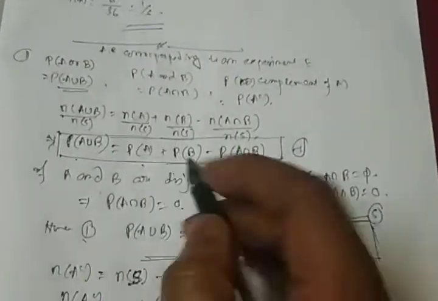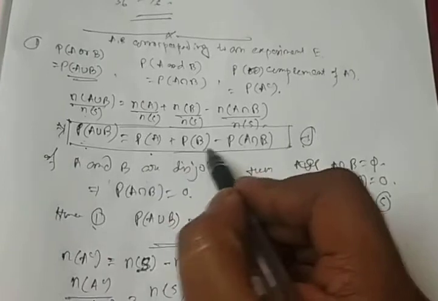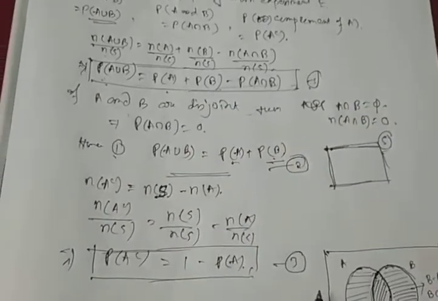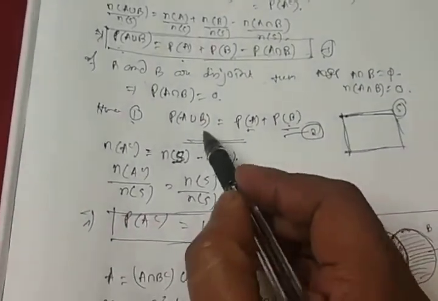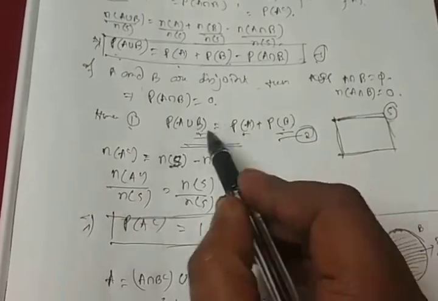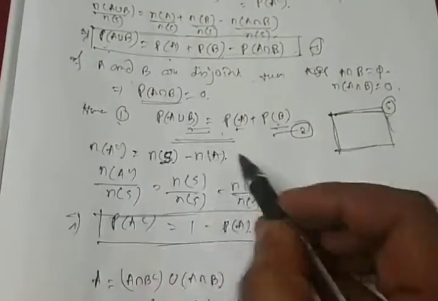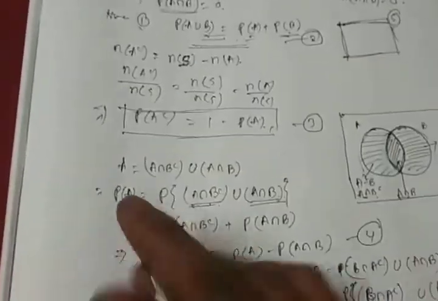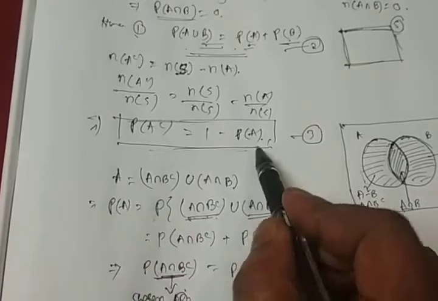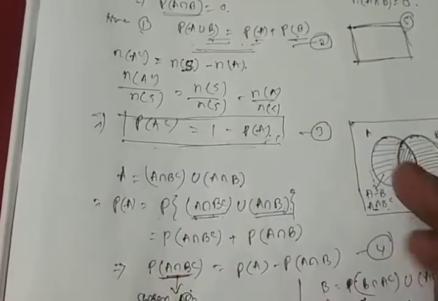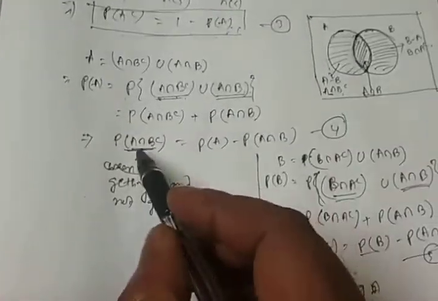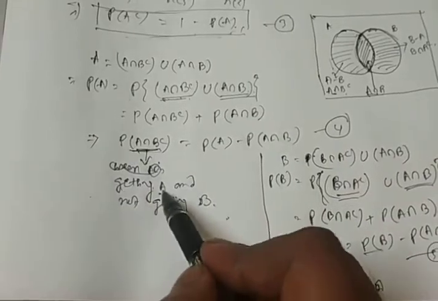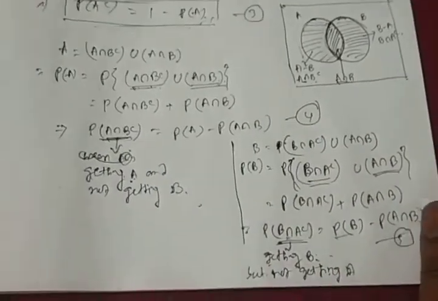The first formula is this one, called the addition formula. Second is the condition when A and B are disjoint, so the probability of A union B will be P of A plus P of B. Next is the complementary formula: P of A complement equals 1 minus P of A. And this is the formula for getting one event and not getting another event.